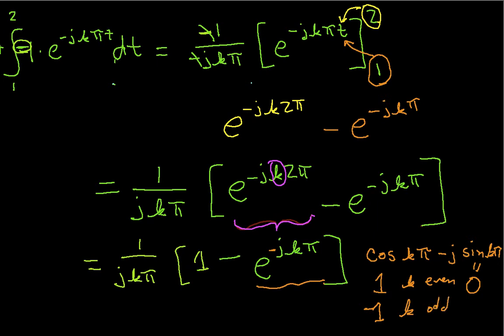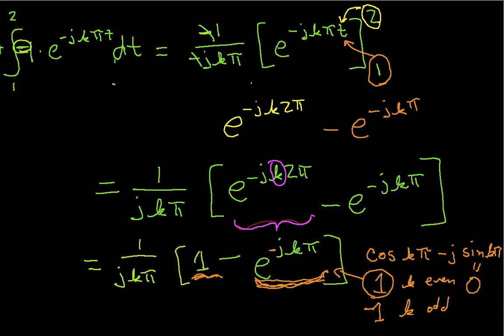So what I have then in this chunk here, I'm either subtracting 1 from this one or negative 1 from this one. So if k is even, I have 1 minus 1. That's what I have here for k is even, which is 0.